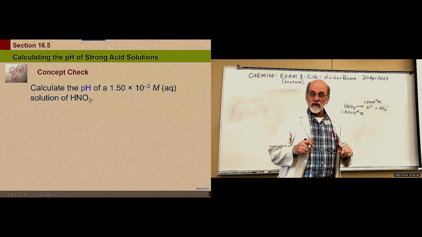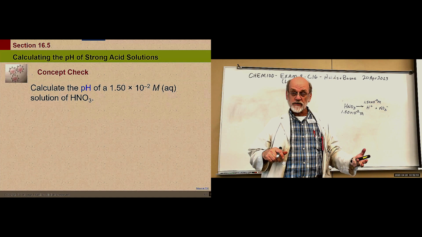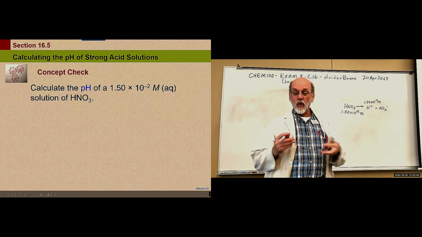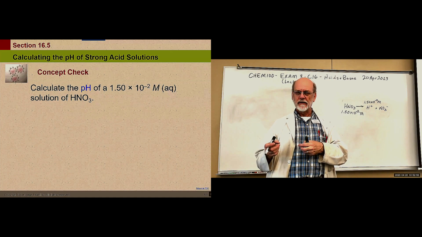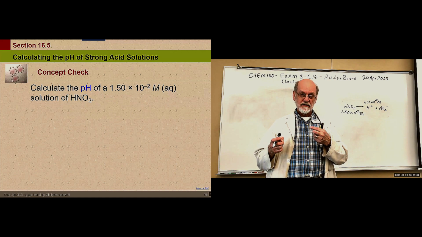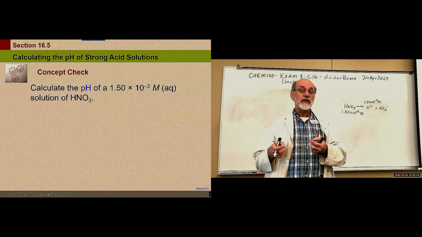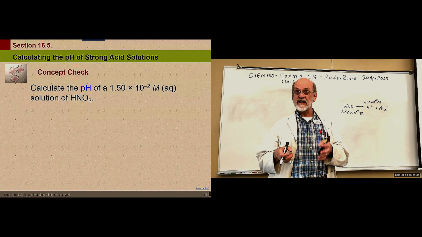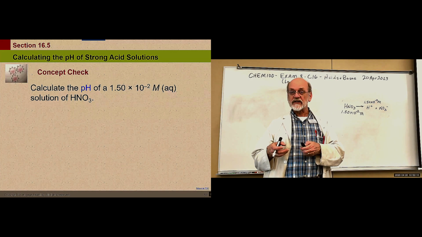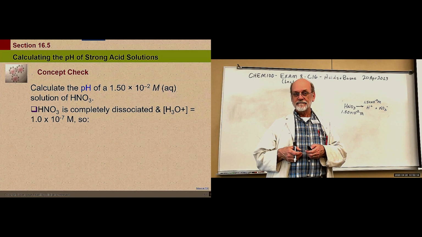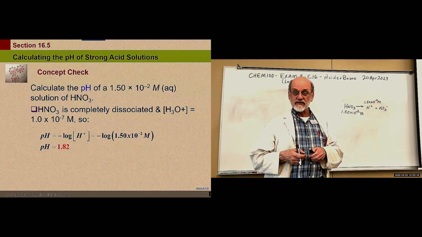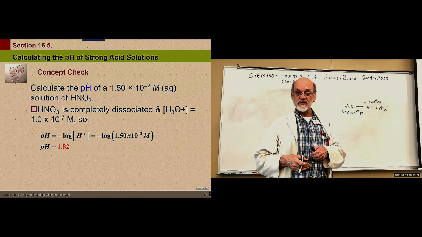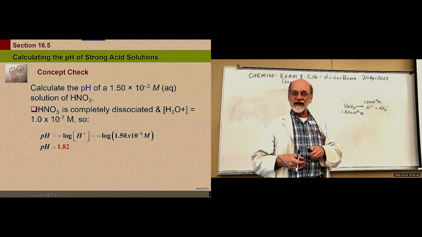10 to the minus 2 molar is 5 orders of magnitude larger than water would produce, 10 to the minus 7. Right? An order of magnitude is a power of 10. So that's 100,000 times larger than 10 to the minus 7. So we don't have to consider water. We just calculate the pH for that concentration of nitric acid, 1.82.